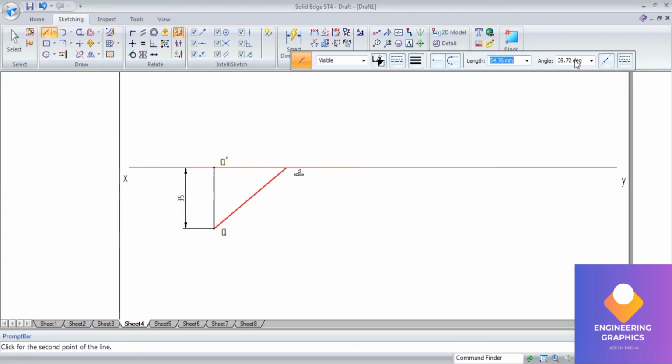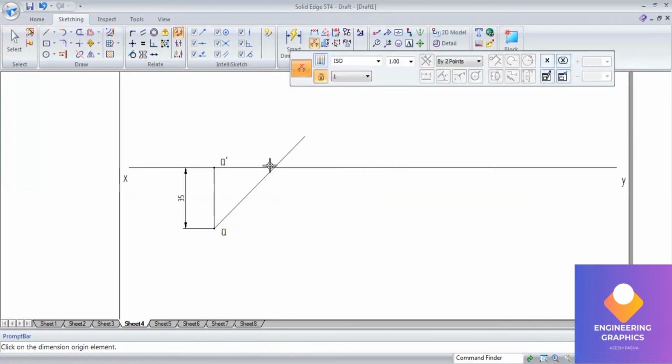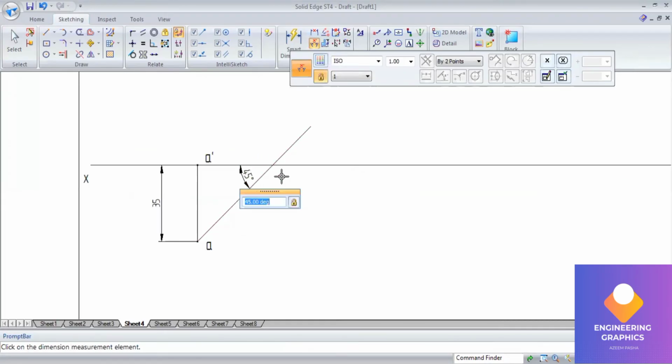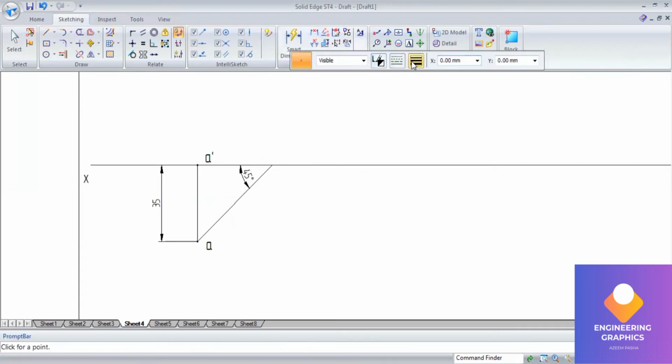So for the top view above, like this, the angle we can define here, 45 degree. Okay, and front views having an angle of 45.